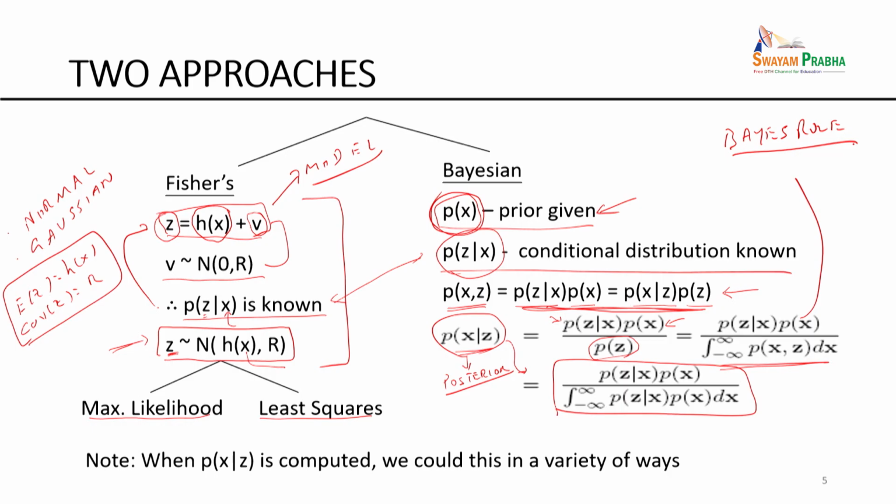When the posterior is calculated, we can use it in a variety of ways. I can compute its mean, its median, its variance, and so on. So this is the combined information that comes from the posterior.